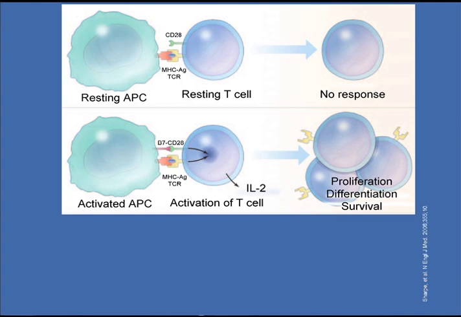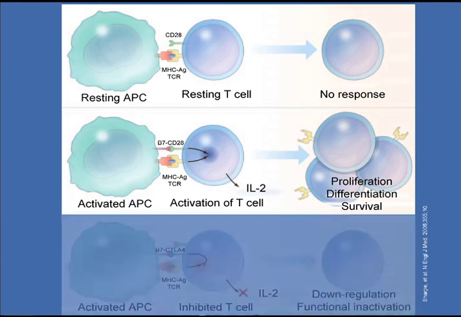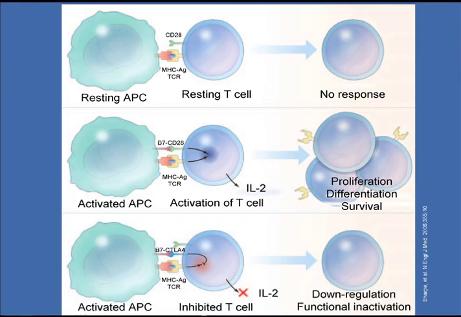The T cells become activated, they proliferate, they have their effector functions, but one of the other things that happens when the T cells become activated is they begin to express CTLA-4, and this now can lead to the inhibition of T cell activation so that the response plateaus and then disappears.